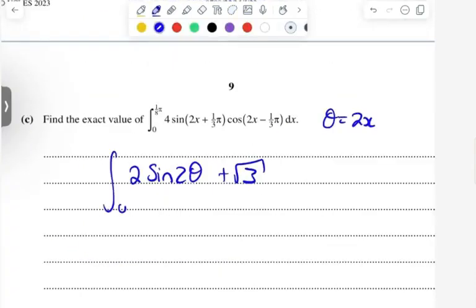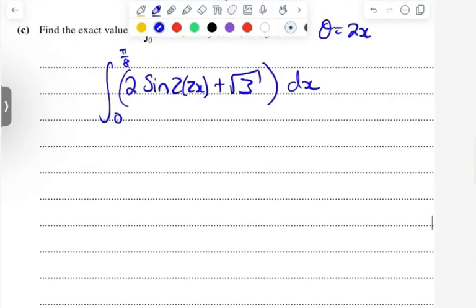Okay, so in this case, it seems much easier to integrate our identity than this complicated thing over here. But we need to remember that theta is 2x. Okay, and I'm just going to put this in a big bracket, and I'm integrating now in terms of x.